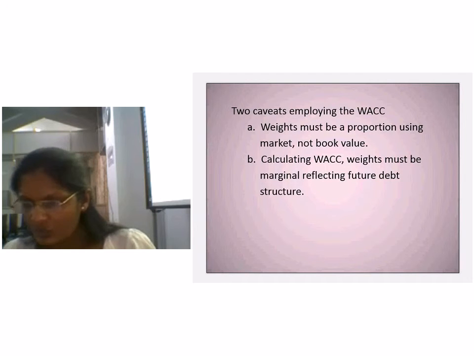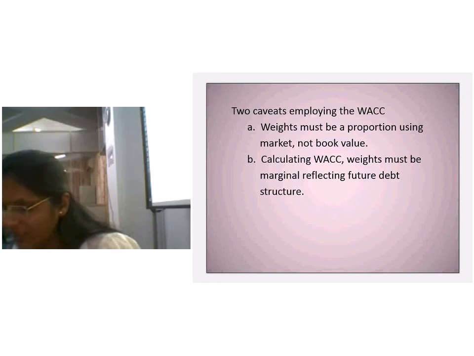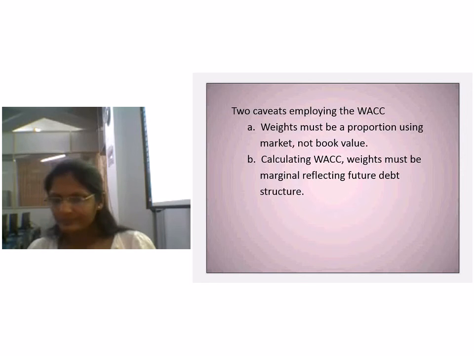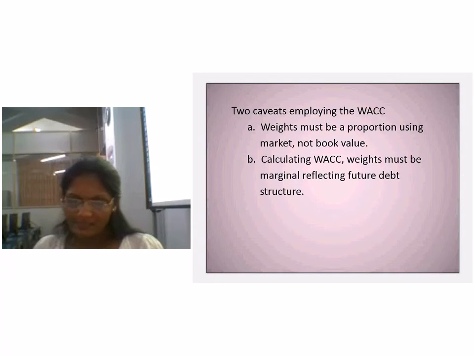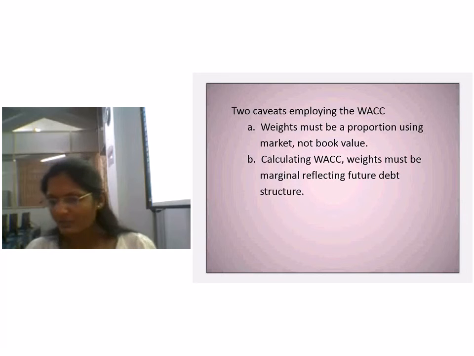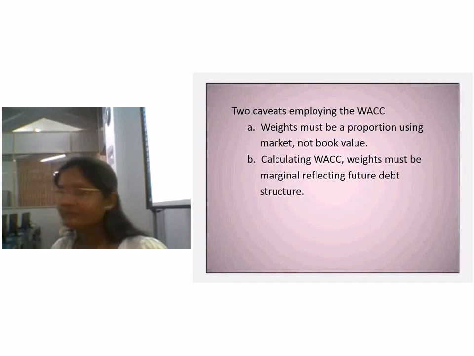The weights that we consider for the debt to equity ratio should reflect the future target debt ratio, right? The weights that we consider for the evaluation of WACC should reflect the firm's target capital structure.